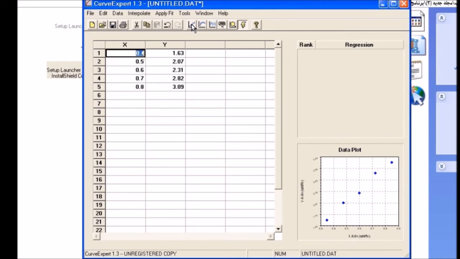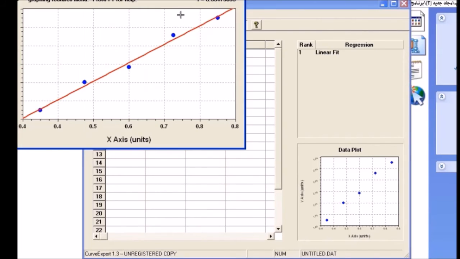Click at the chart with straight line. Yes, this is the relationship between t square and the length of the pendulum.